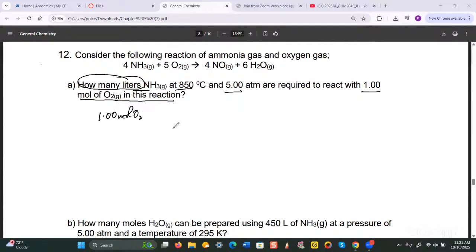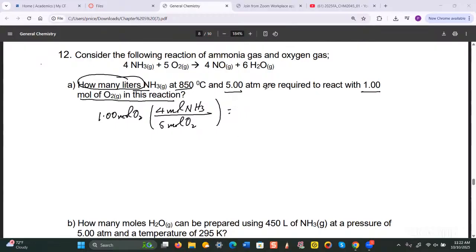So you need to multiply this by the appropriate conversion factor to convert from moles of oxygen to moles of ammonia. The conversion factor would be 4 moles of NH3 over 5 moles of O2. Exactly.